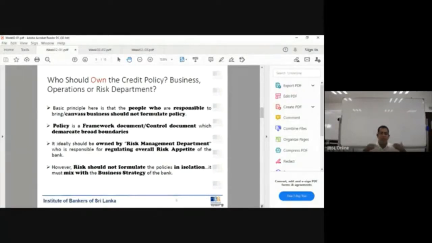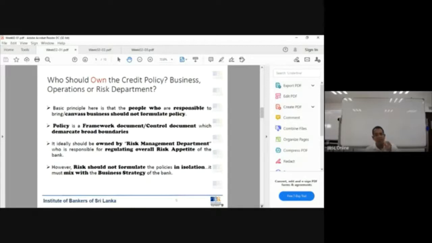Therefore, the business line should not be the people who are formulating the credit policy, because it is the risk appetite, risk guideline. So it is a control document. Therefore, the risk department is the one who should prepare the credit policy. They are the custodian of the credit policy. The approval has to come from the board of directors, but the custodian of the credit policy, who creates the credit policy, is the risk department.